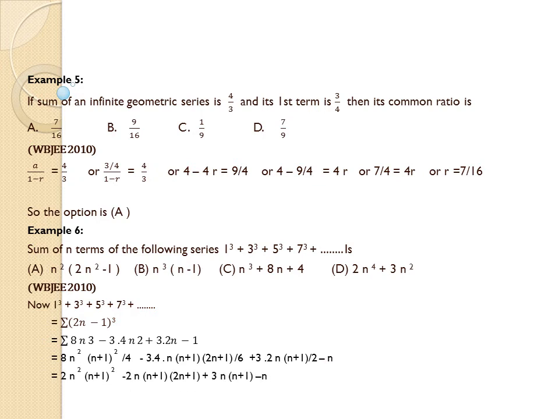Now just simplification, nothing else. And with the simplification I can get the answer is equal to n square into (2n square minus 1). Hence my option will be option 1.